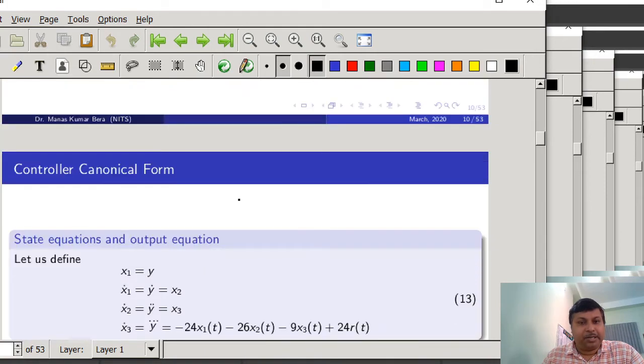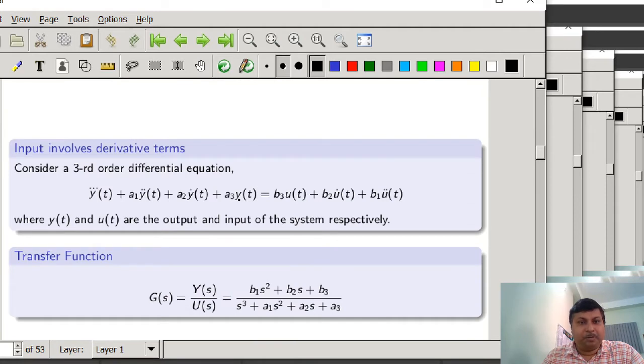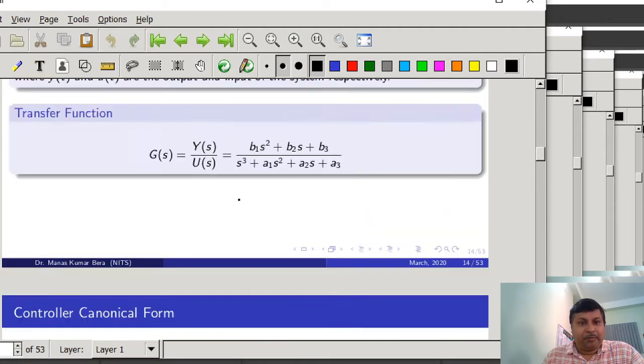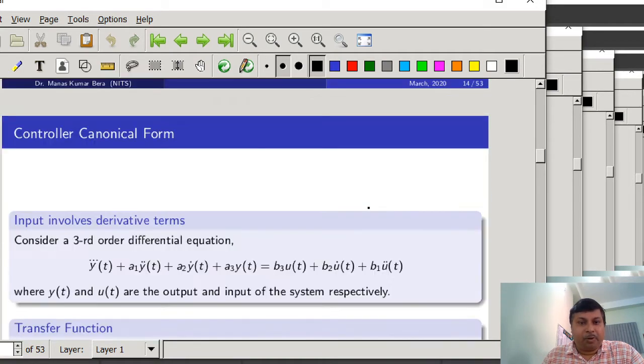But before that, in the last lecture I made a small mistake while deriving the controller canonical form, which involves the derivative of inputs.